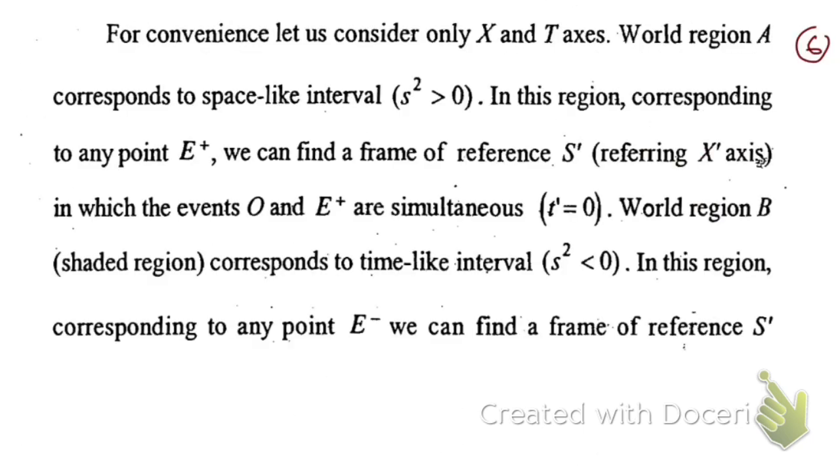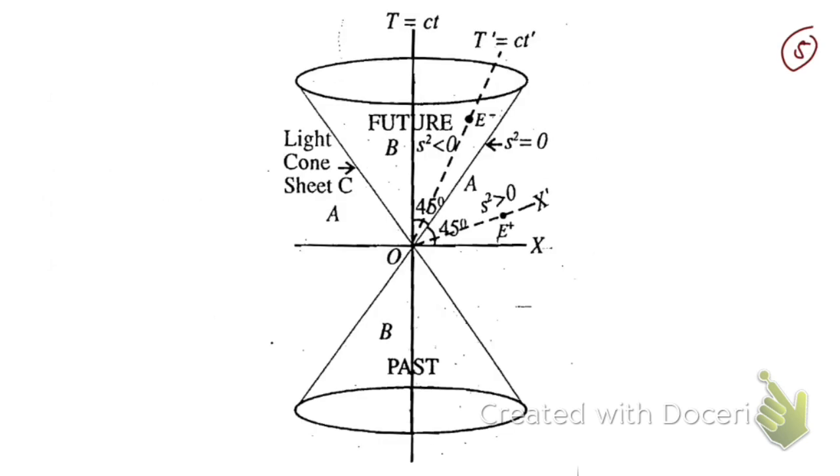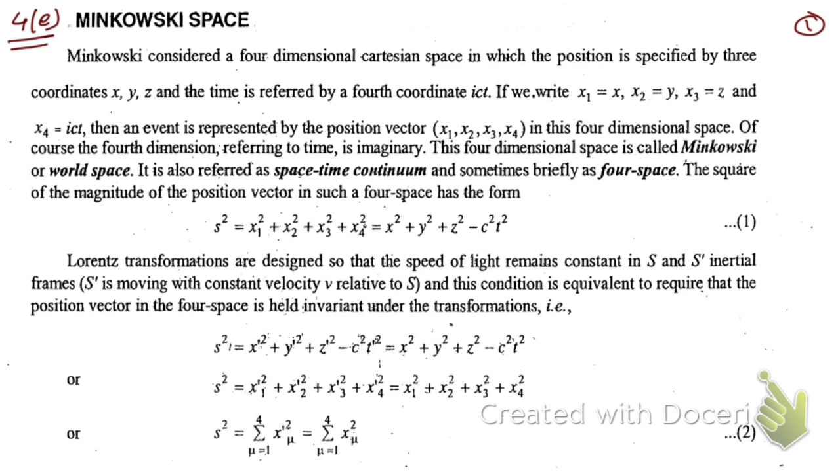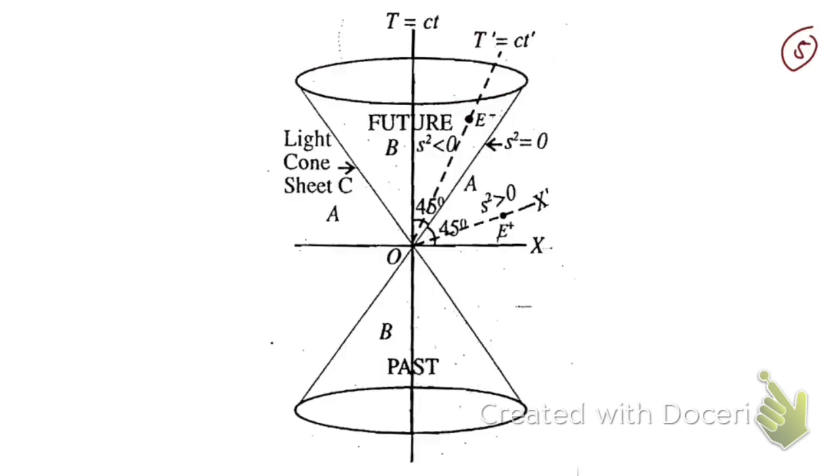Now let me give you the idea of this diagram. Now we know that Minkowski space, which we are going to discuss, is a four-dimensional space. If we consider only two dimensions, this is x, and this axis is c times t. This is not the y-axis, right? Now the interval between any two events in this case will be given by this equation.